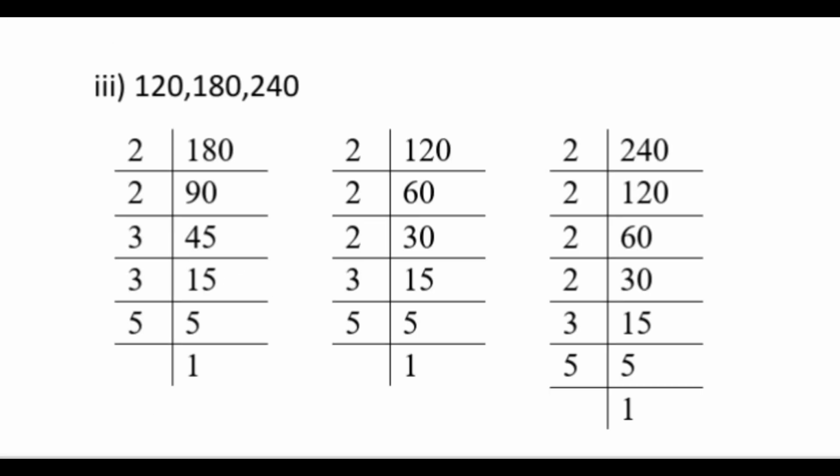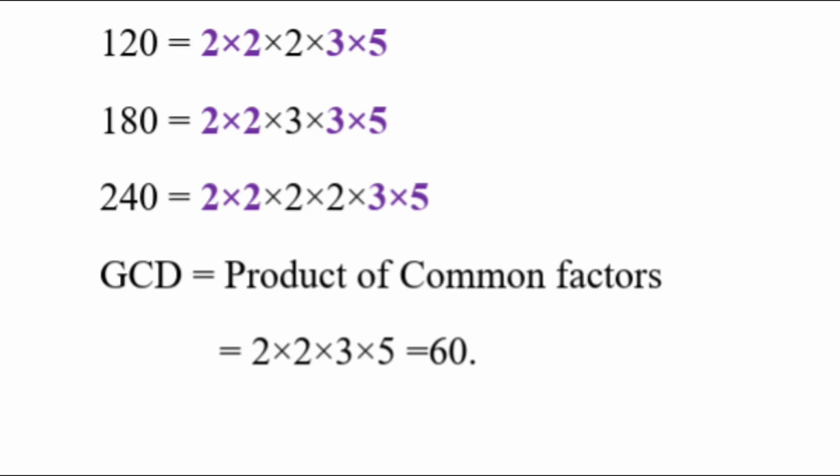The third one is 120, 180 and 240. Here we calculated their factors by the prime factorization method vertically. Now 120 is equal to 2 multiplied by 2 multiplied by 2 multiplied by 3 into 5. Then 180 is equal to 2 2s are 4, 4 3s are 12, 12 3s are 36, 36 into 5.